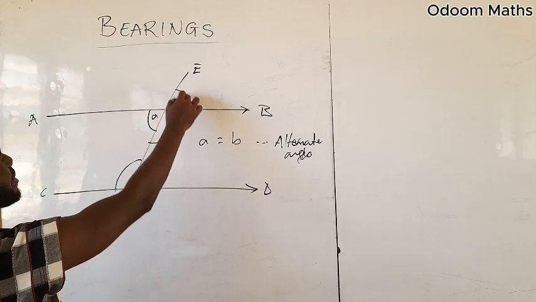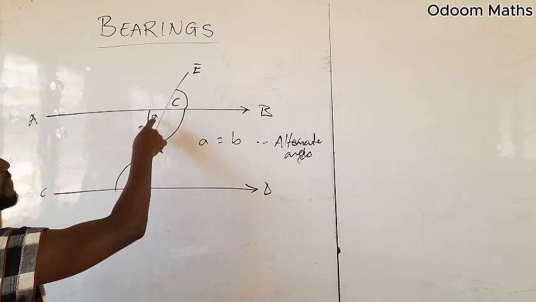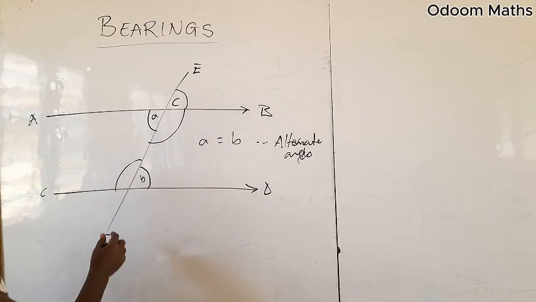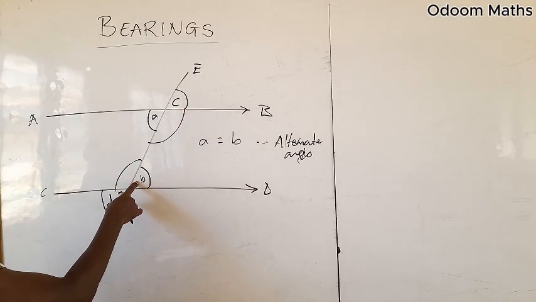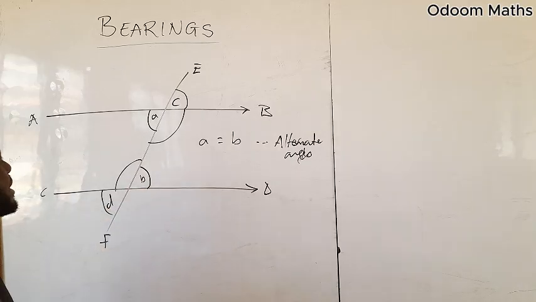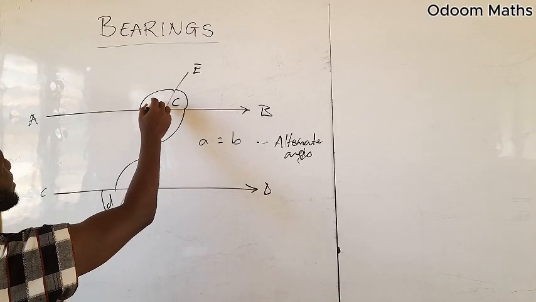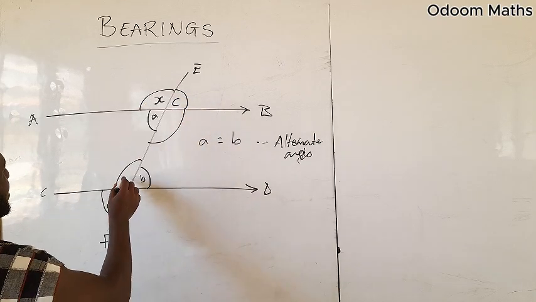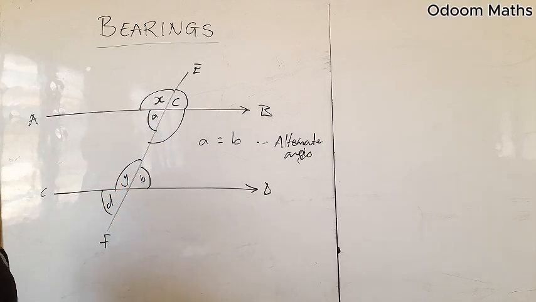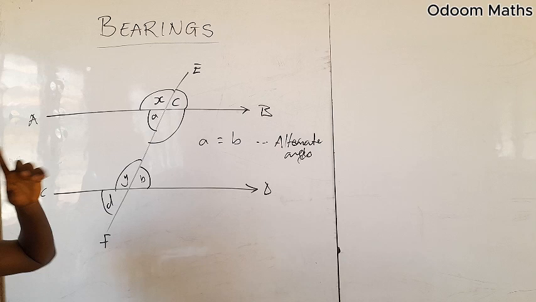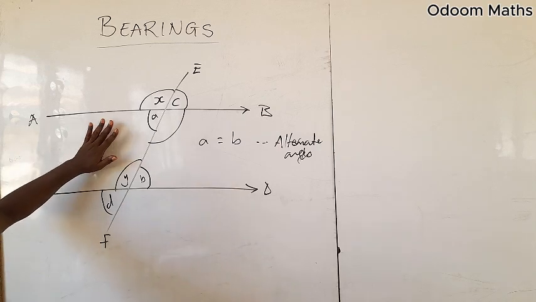If I am to put another angle C here, A is vertically opposite to C. If I am to put another angle here, then D is vertically opposite to B. Okay. And then if I am to put another angle and call it X and this Y, so X and then Y are corresponding angles. Please, maybe we'll do this later in another lesson.